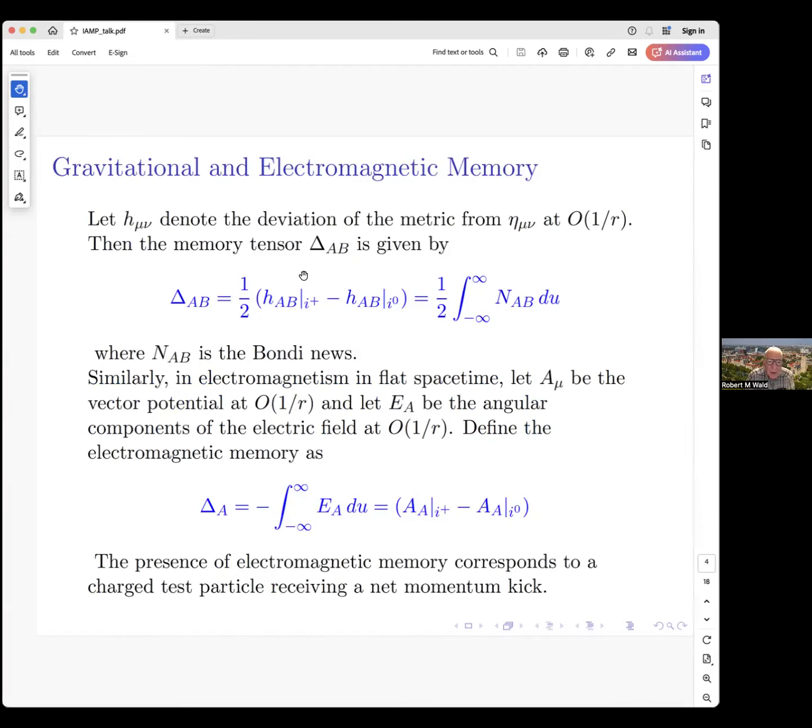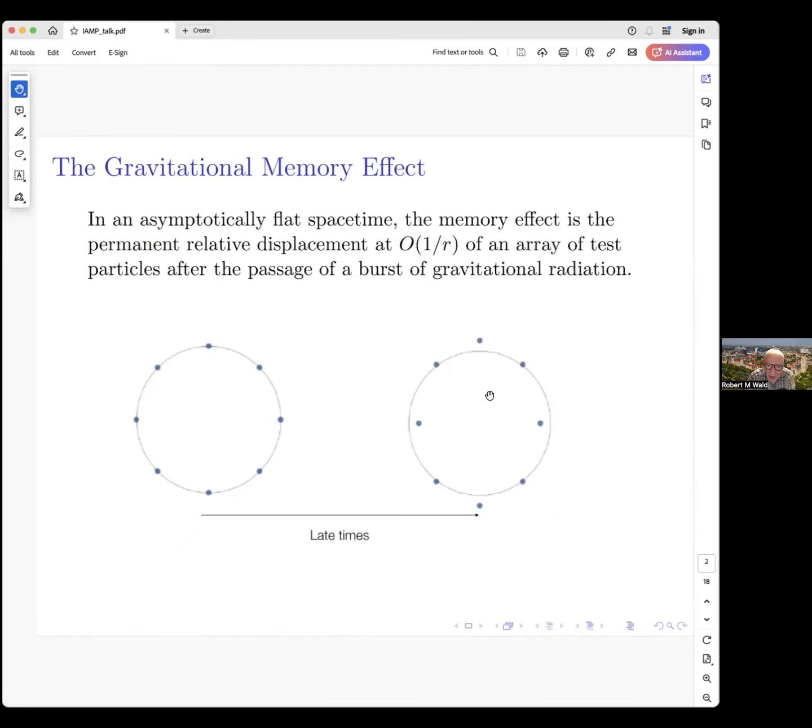So first of all, I described the gravitational memory effect here initially in terms of how relative positions of test particles change, but it's a better idea to use coordinates where the angular positions of these test particles are fixed.